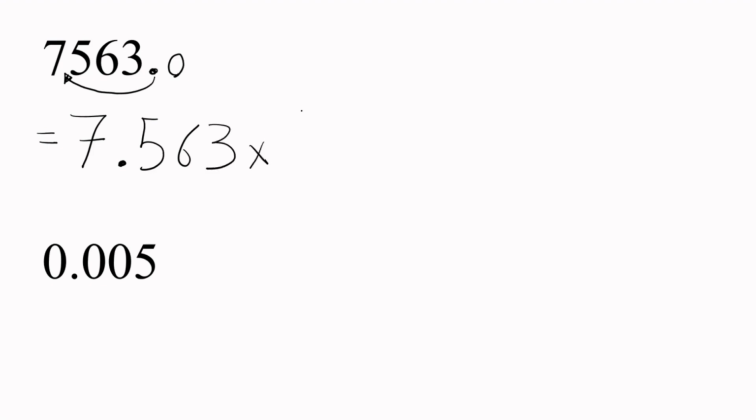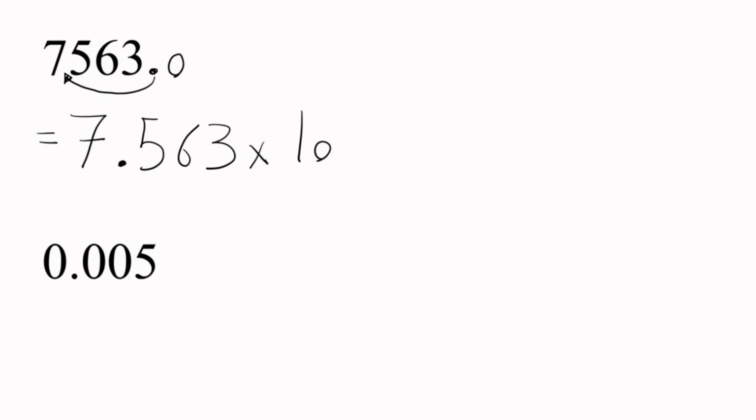Look at the next example. As I told you, the decimal point is here, and because after that is 0, it does not matter for us, and we usually do not write it. I want only one digit before the decimal, so I must move it between 7 and 5. So I'm going to write 7.563 times 10 to the power of, what is the power?